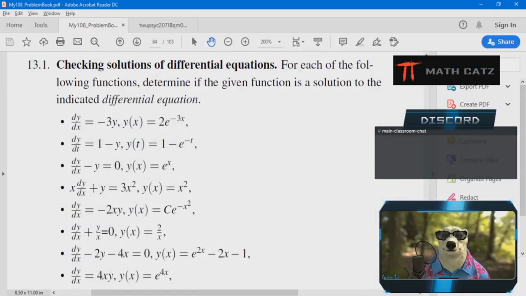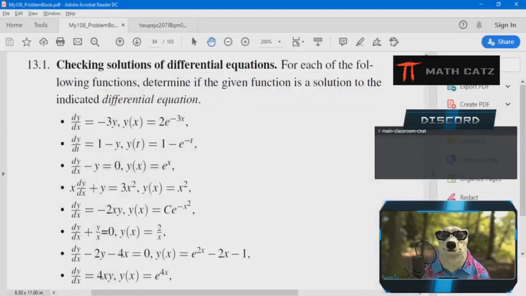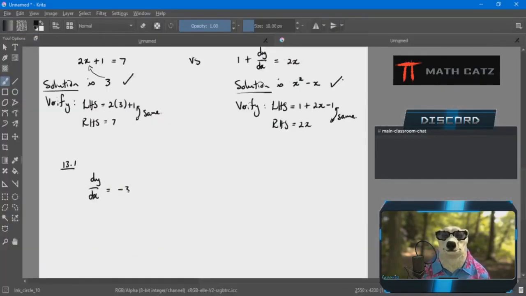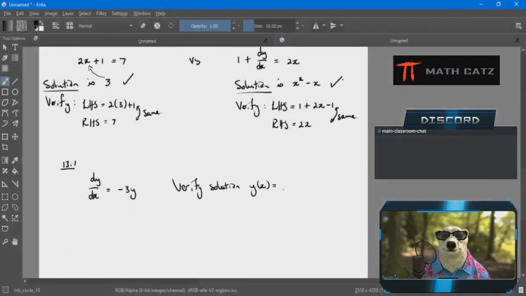It is dy dx equals negative 3 times y. And I want to verify the solution function y of x equals 2 times e to the negative 3x. All right.